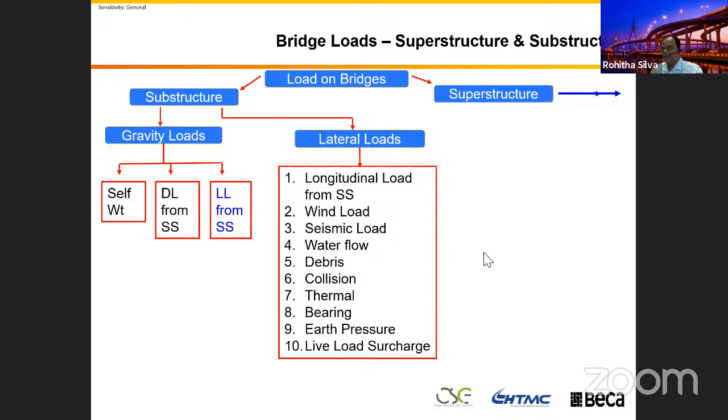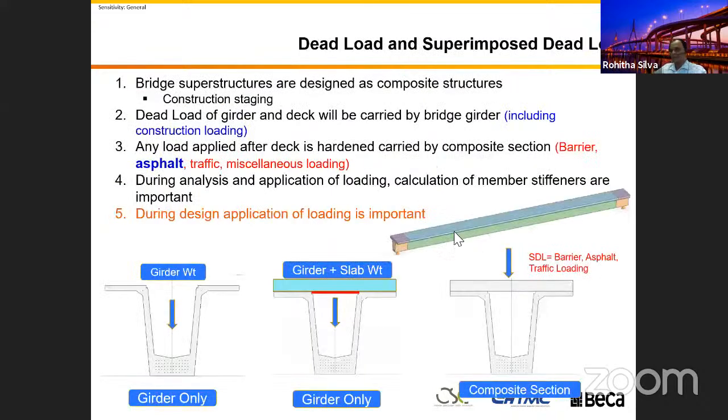And then on the next slide, I'm going to explain the dead load and superimposed dead load. Both are dead load, but why do we separate them in bridge construction? In any construction, any design, we have this.